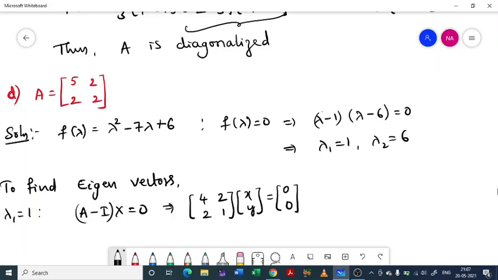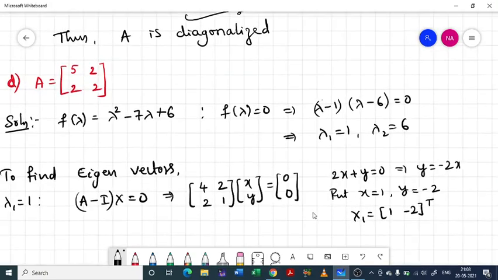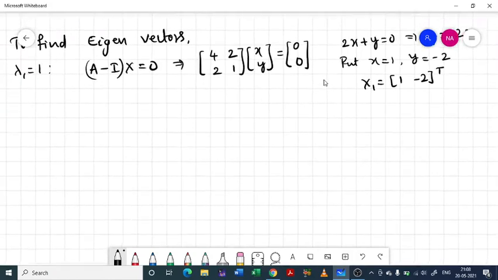So you get 2x plus y equal to 0, which implies y equal to minus 2x. Put x equal to 1, then y will be minus 2. So capital X1 will be (1, minus 2) transpose.